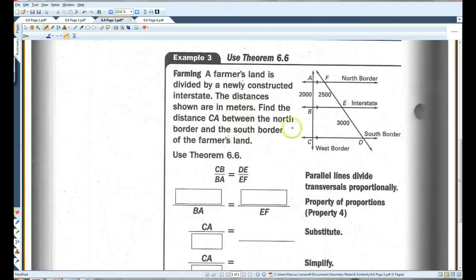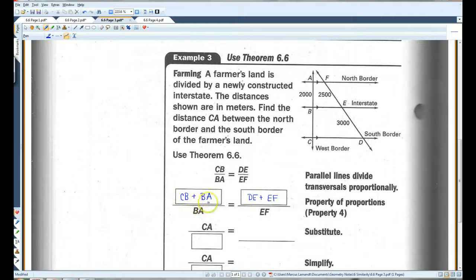Now we know CB over BA has to equal DE over EF. CB, we don't know. Actually, they want us to use property 4, which I guess can work. Property 4 of proportions, if you remember, is when you add these two together on top. So CB plus BA, and this would be DE plus EF. Okay, these are equivalent.